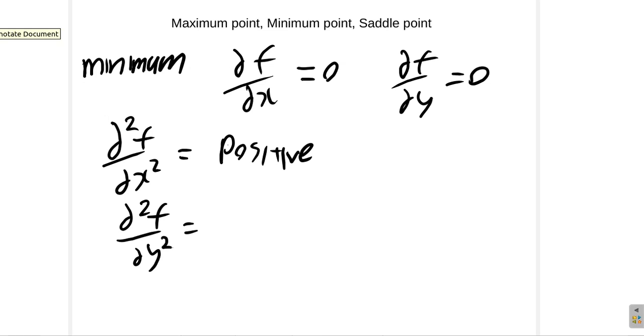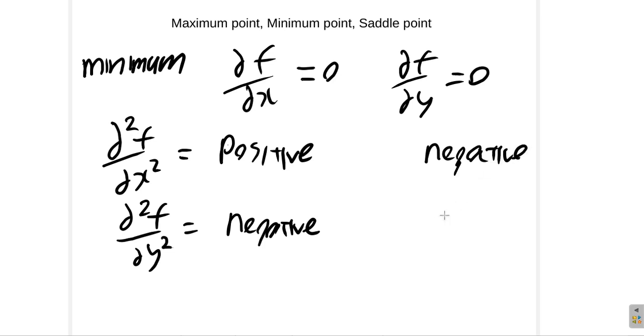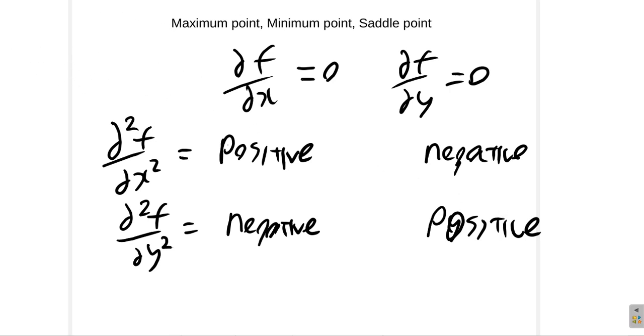So if the second partial derivative with respect to x is positive and with respect to y is negative, or for x it is negative and for y it is positive, then you have a saddle point.